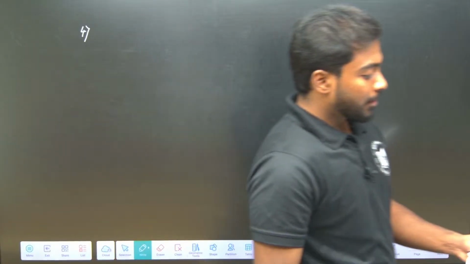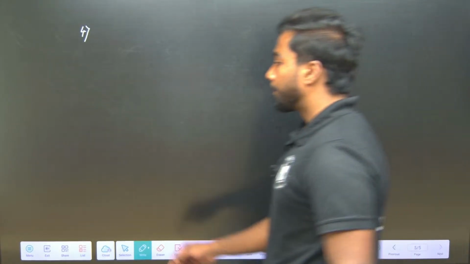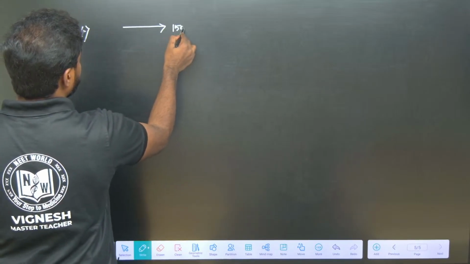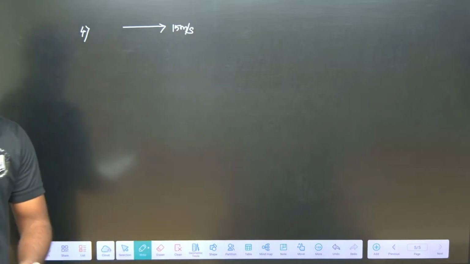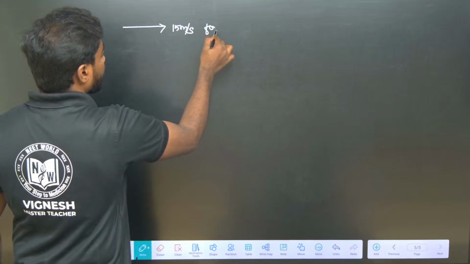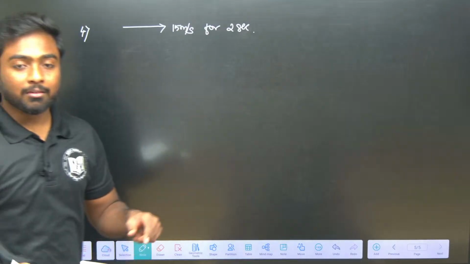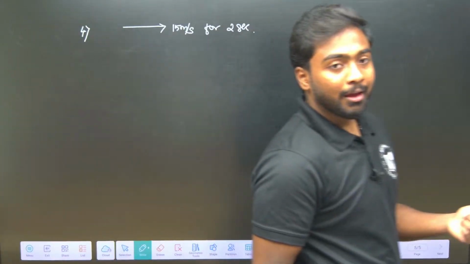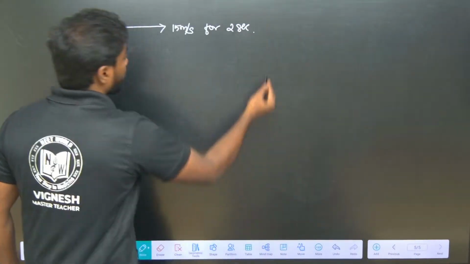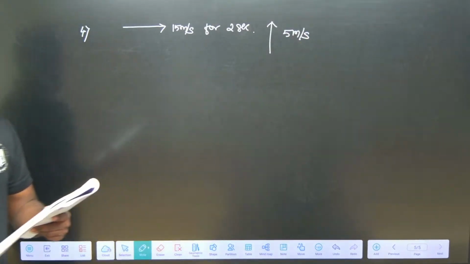A particle moves in the east direction with 15 meter per second for 2 seconds. Then it turns northward with 5 meter per second for 8 seconds.